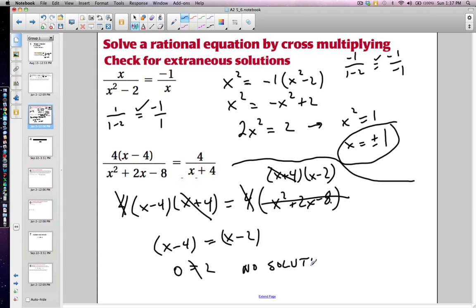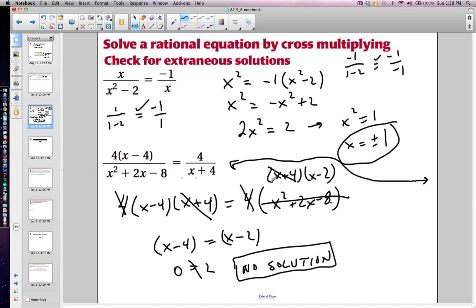So when you solve through one of these problems and you get to an untrue statement, 0 is equal to 2, that means there's no solution. If, on the other hand, I got a true statement like 2 is equal to 2, that means there are an infinite number of solutions.